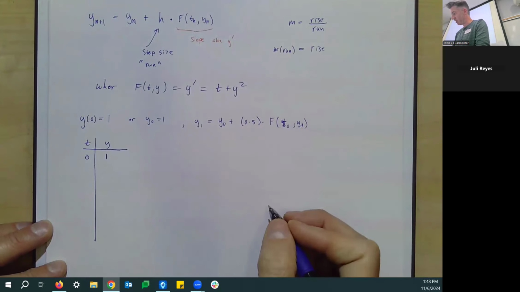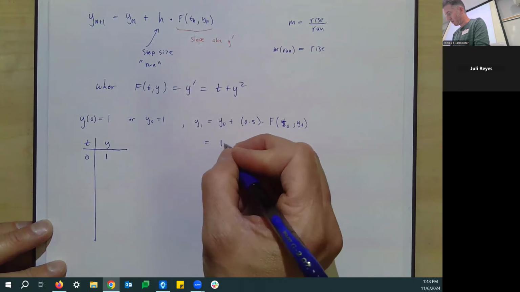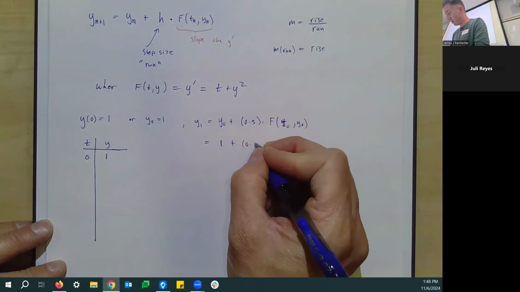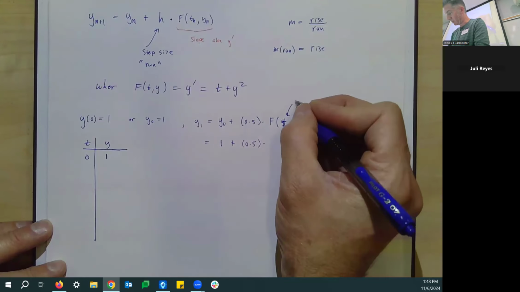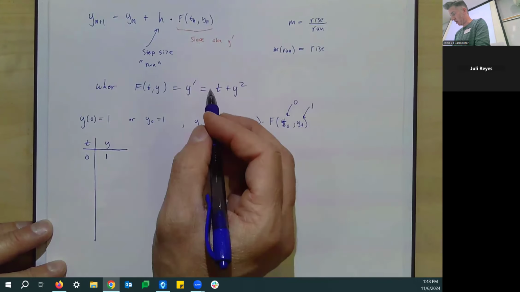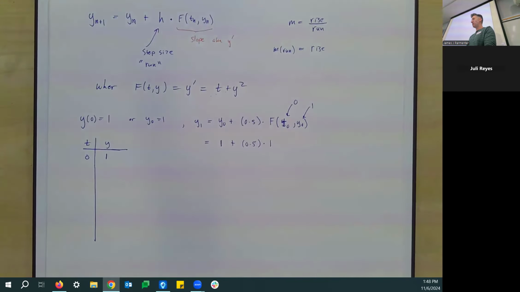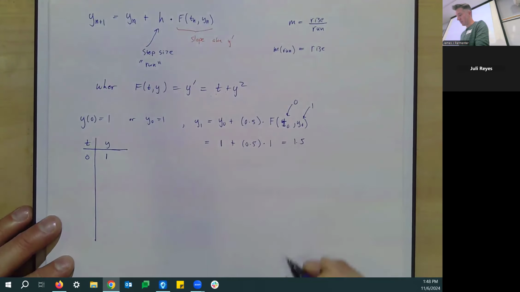Writing this out more nicely, my previous y value was 1. My run is 0.5. And my slope, if I plug in my previous t and my previous y, is 0 plus 1 squared, which is 1. So, not surprisingly from what we already talked about, this new y value is going to be 1.5.